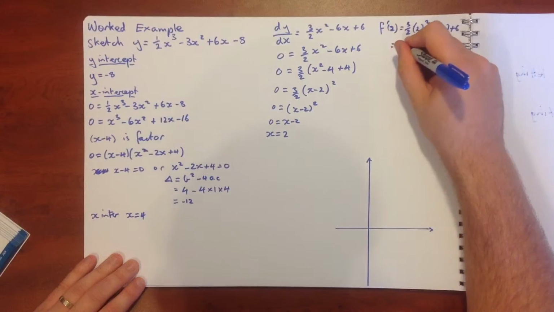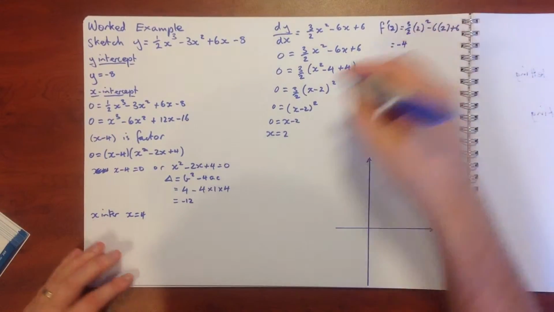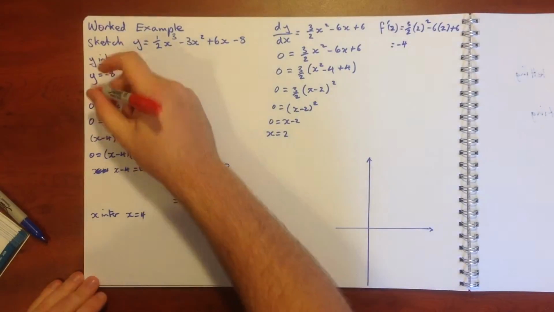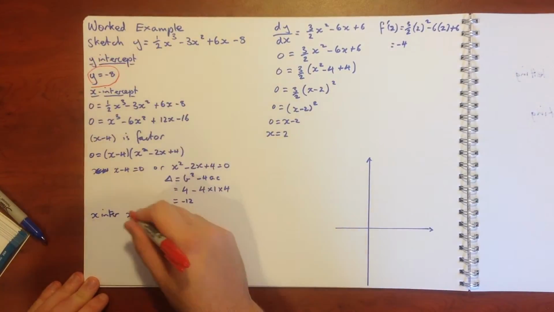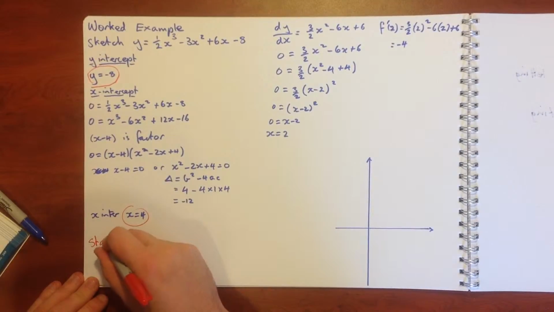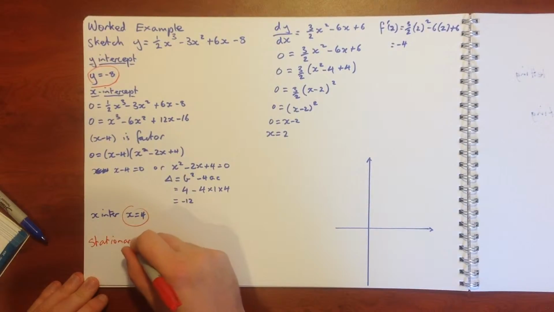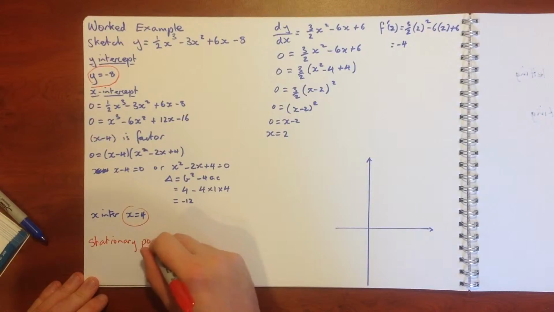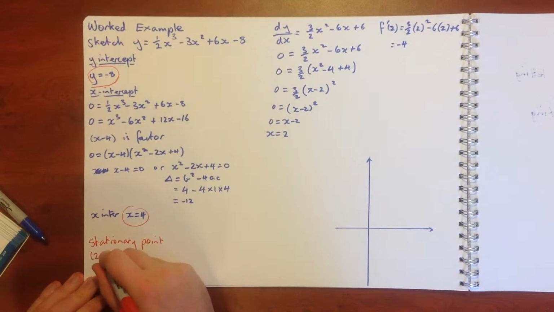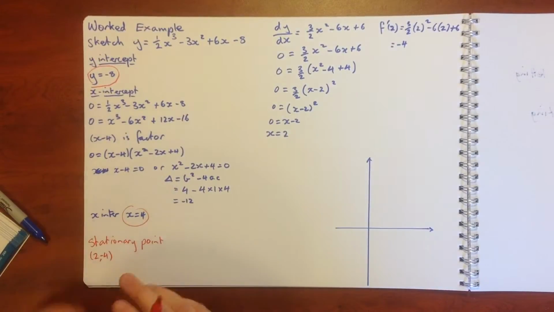When we do that, we get minus 4. So far we've got our y-intercept, our x-intercept, and our stationary point is now at (2, minus 4). We just don't know what sort of stationary point it is.